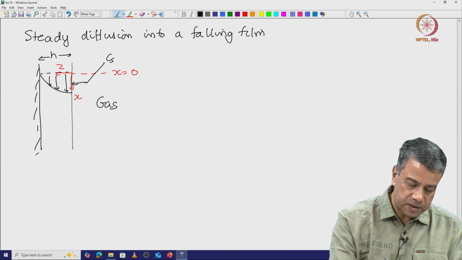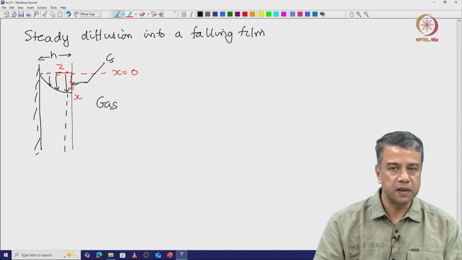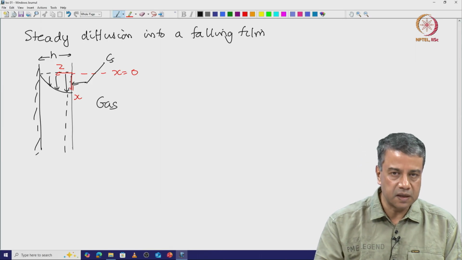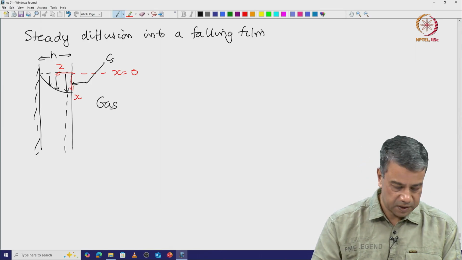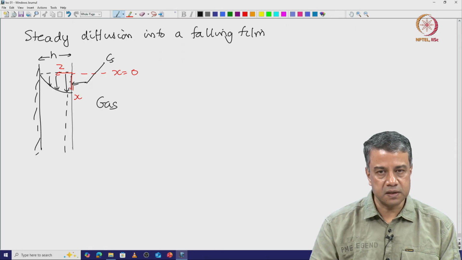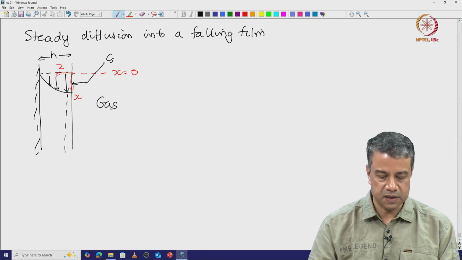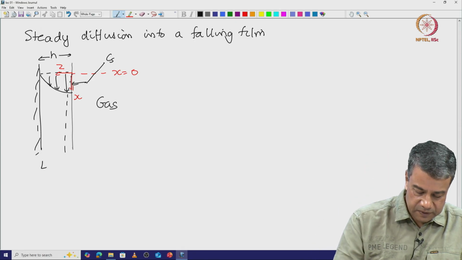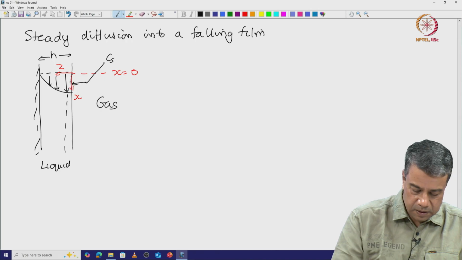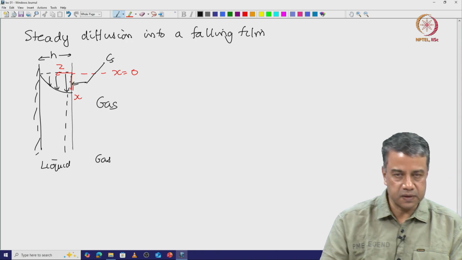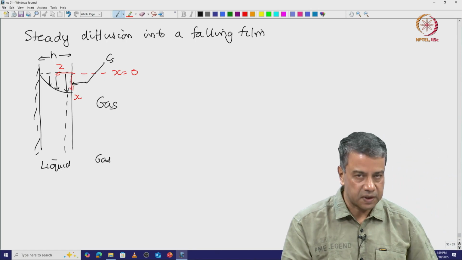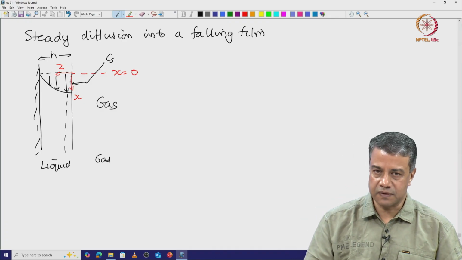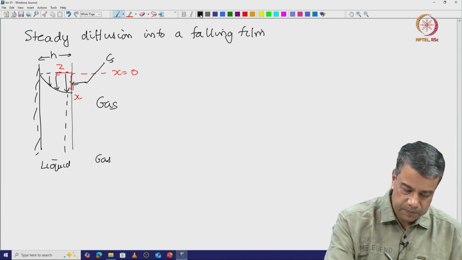That means the penetration of this concentration field is only within a thin region close to the surface. Note that this is a liquid gas interface. I have a liquid here and a gas here. For the flow of a Newtonian fluid down, with a liquid gas interface, the velocity profile is a parabolic profile.